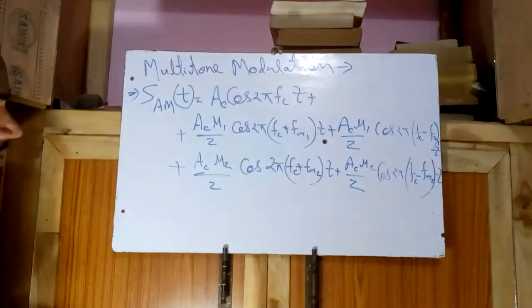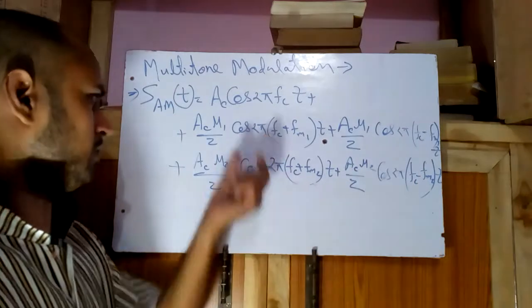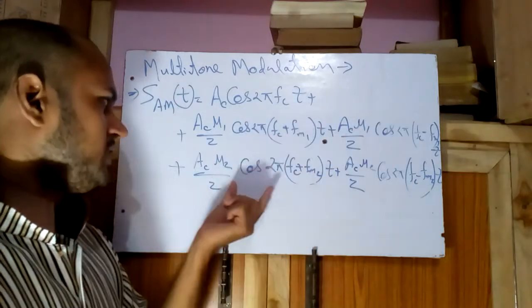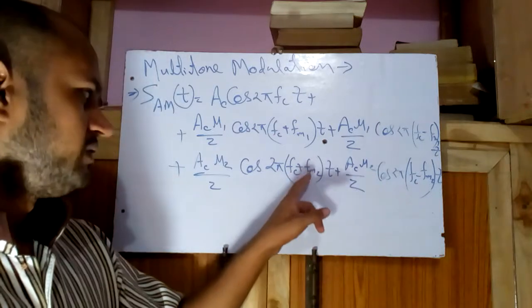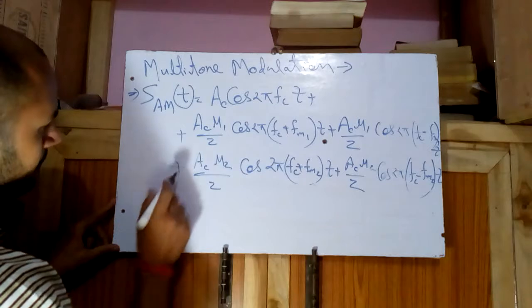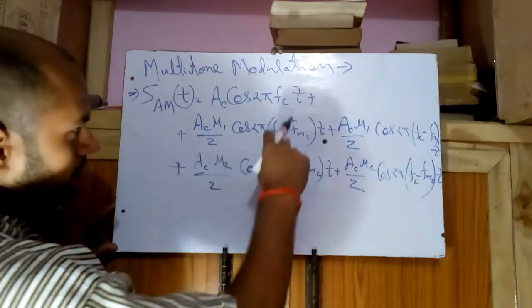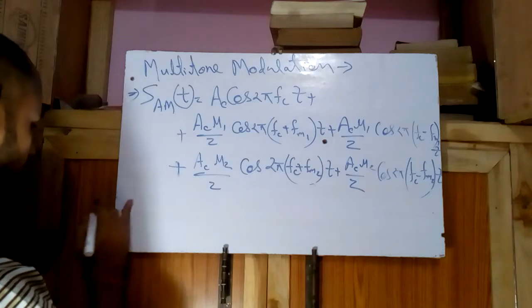So this is a carrier component, this is upper sideband and lower sideband for the first message, and upper sideband and lower sideband for the second message with frequency fm2. Or you can say the same message will have two frequencies fm1 and fm2.